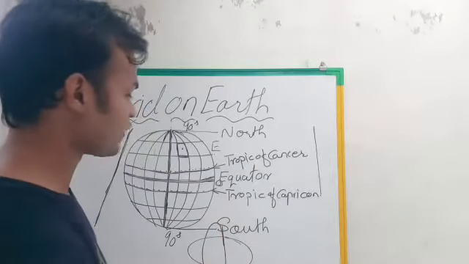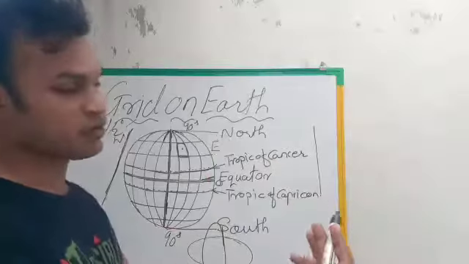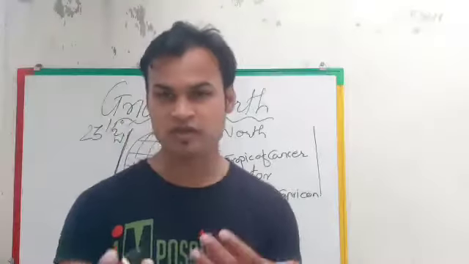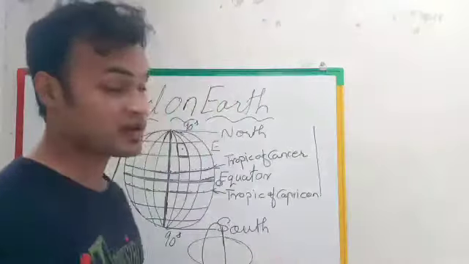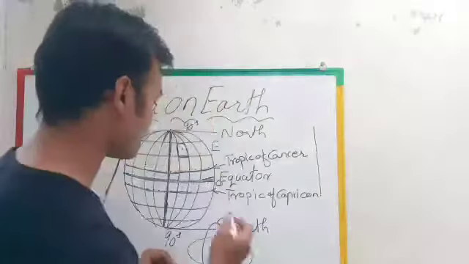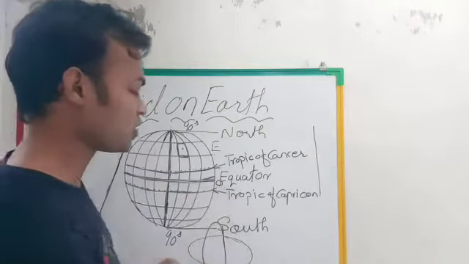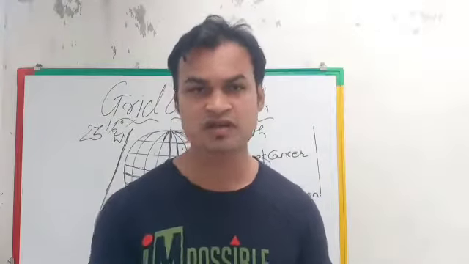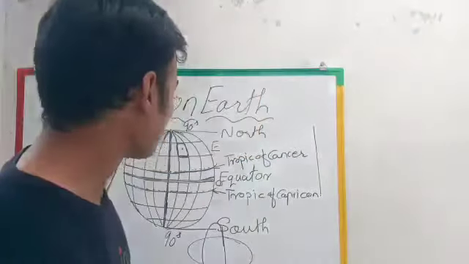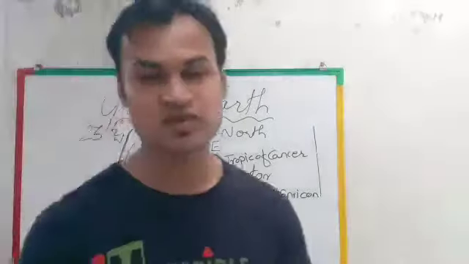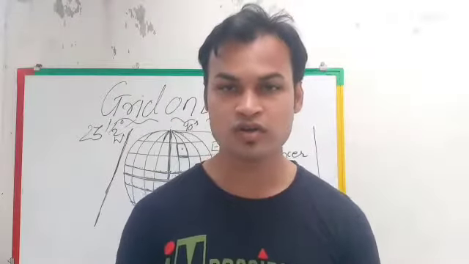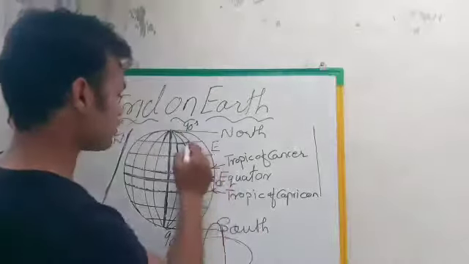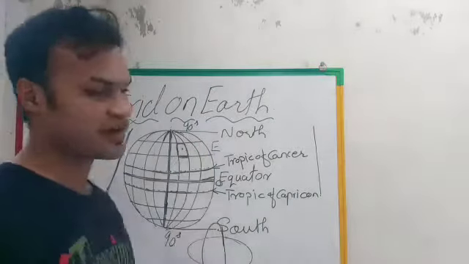Then we have the Tropic of Cancer, which is above the equator line, and the Tropic of Capricorn below it, but they are latitude lines only. The equator, at the center at 0 degrees, separates the earth into two hemispheres, northern and southern. So this was the basic starting of the grid on the earth, the grid formed with longitude and latitude lines.